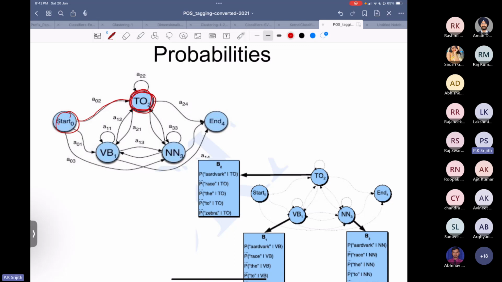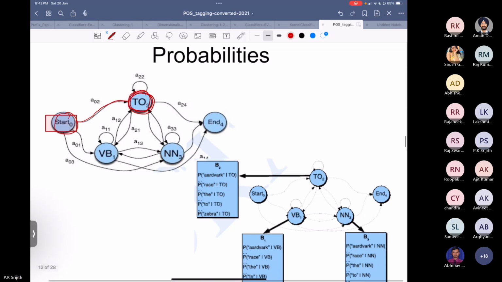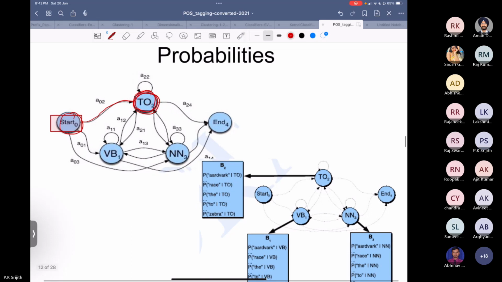So you start with some start state, and you get your P of y1 from the start state, and then you get your P of y2 conditioned on this y1, right?